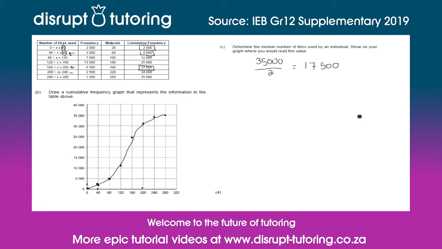So this would mean that it would be at position 17,500. On your graph, you can see 17,500 is exactly in between 15,000 and 20,000. If we read off here, by making a straight line from there, we see that this is the point we'll need to read off, which goes down to about the middle between 120 and 160 liters.